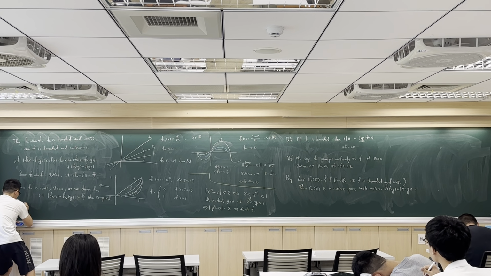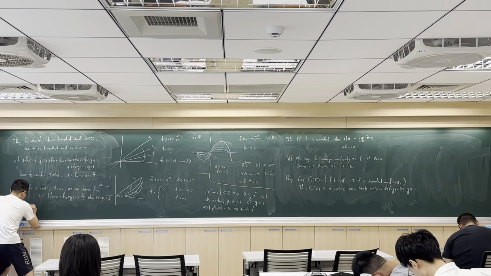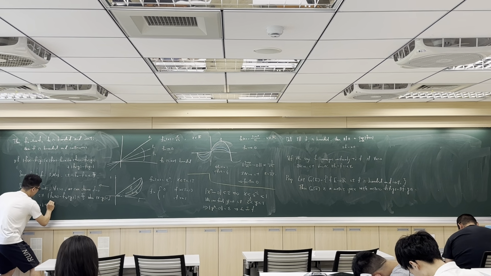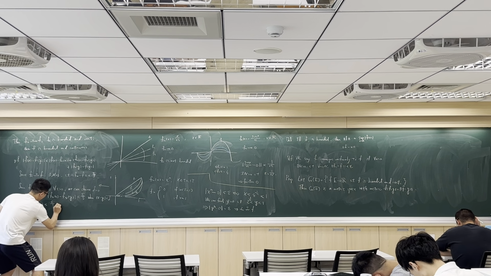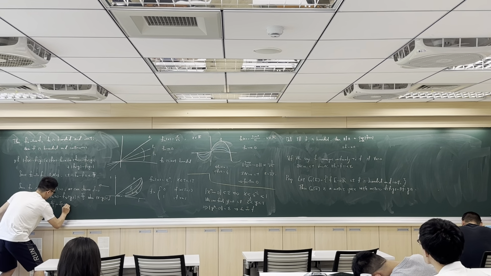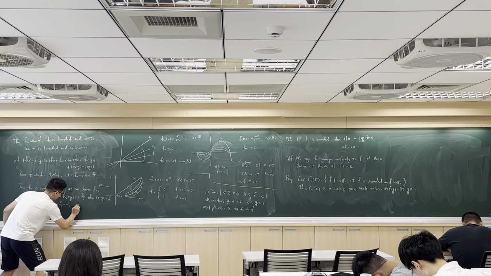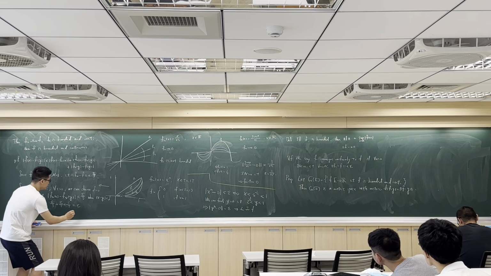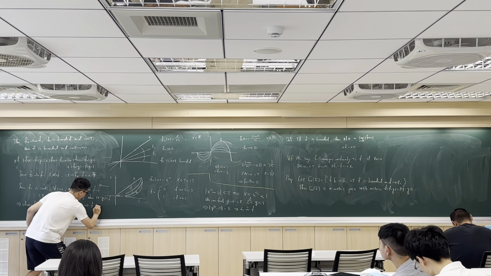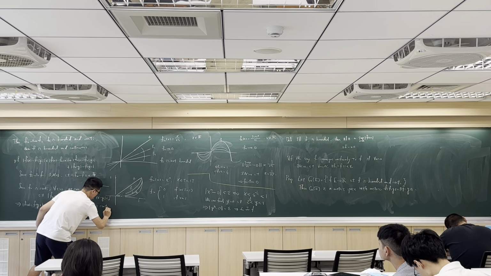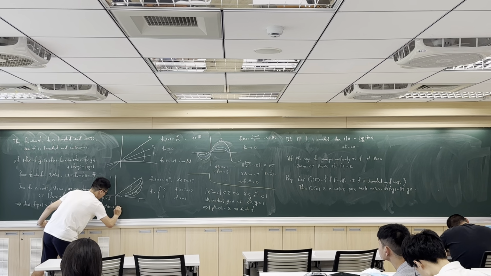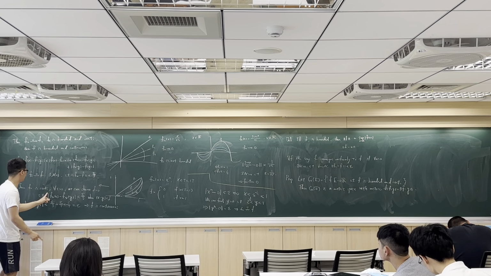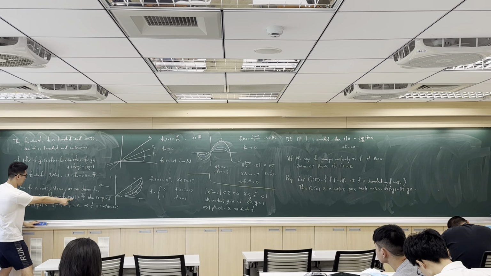So Fx minus Fy is less than epsilon over 3 plus epsilon over 3 plus epsilon over 3, which is epsilon. So F is continuous. The delta we take here is the same as here.